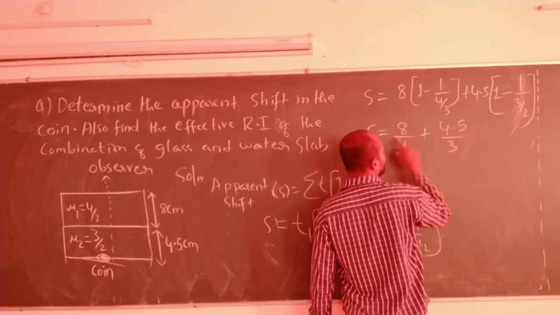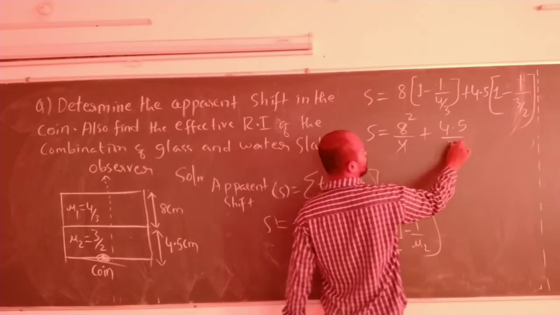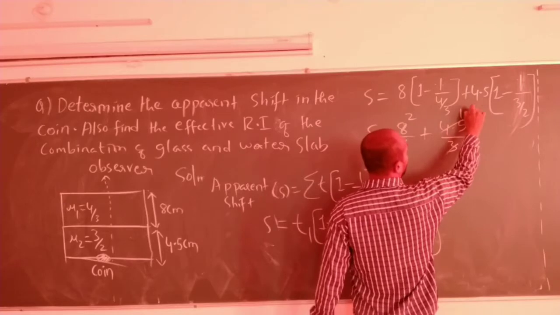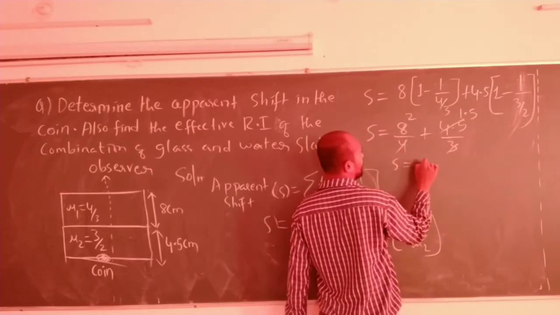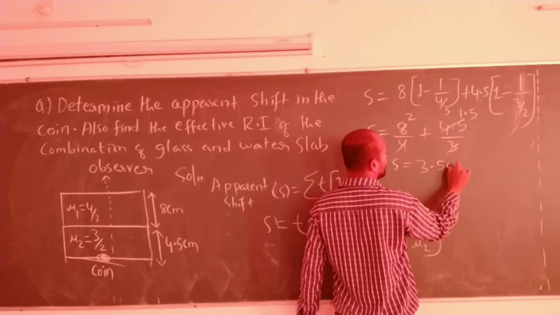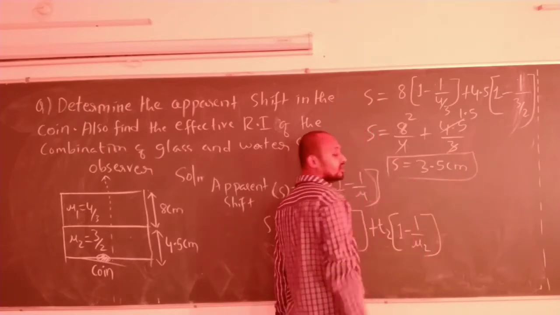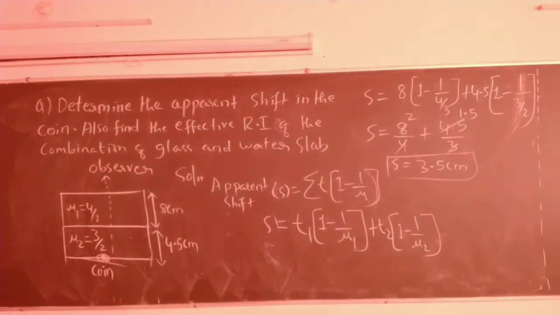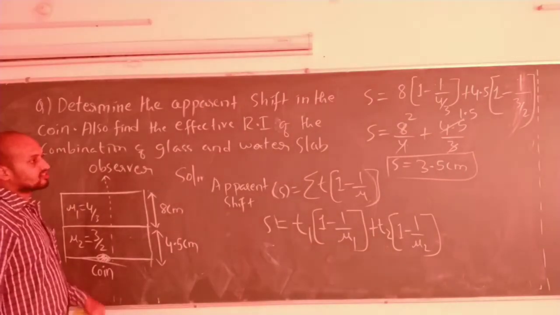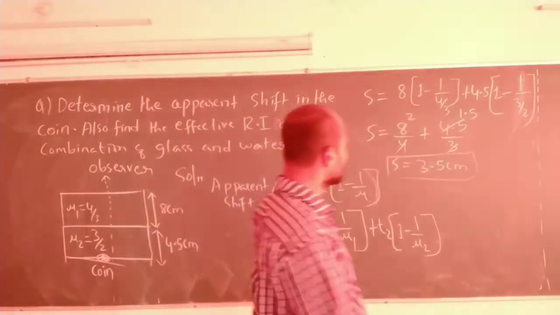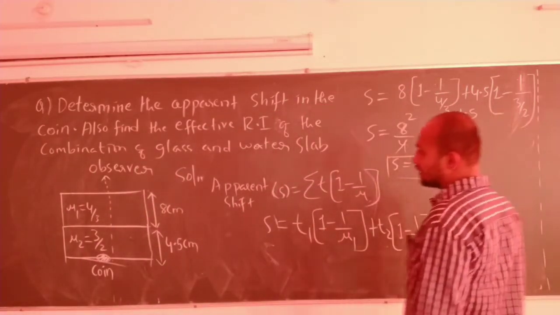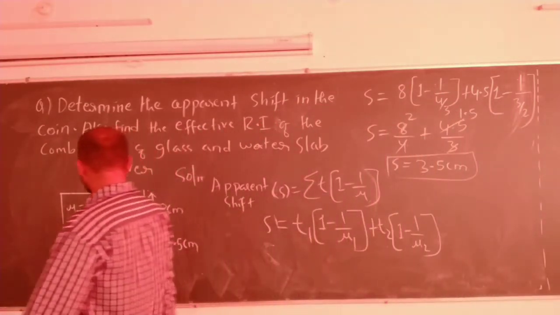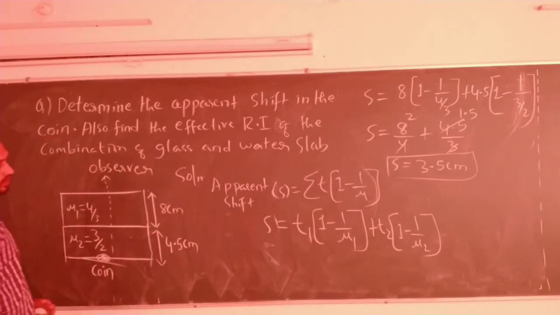This will become 4, cancel this. This is 4 1 4 2, this is 3 1 3, 1.5. So S will be equal to 3.5. Shift is happening 3.5. Got it now? Apparent shift is 3.5 centimeter.